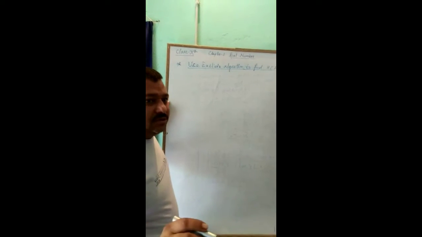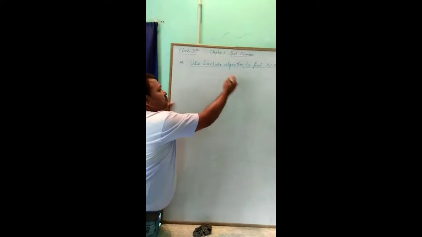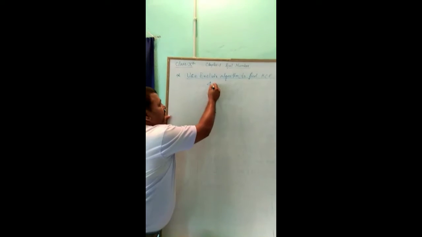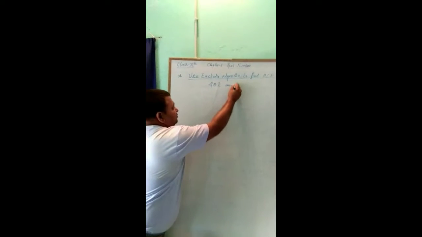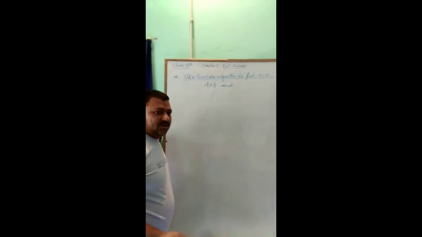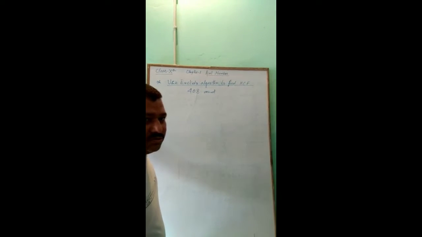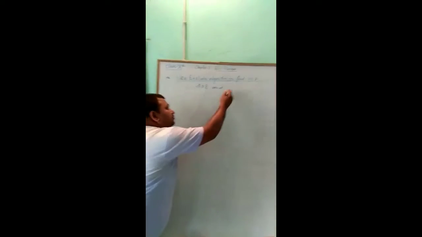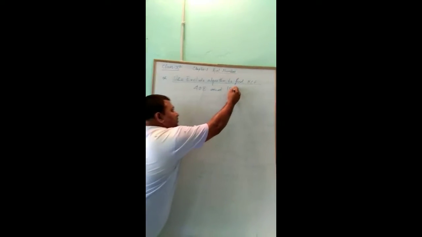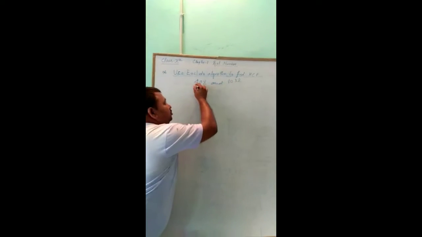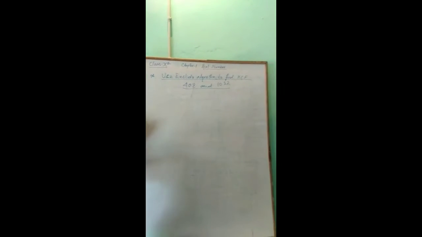For example, here two numbers, suppose that 408 and 1032. Two numbers are given.